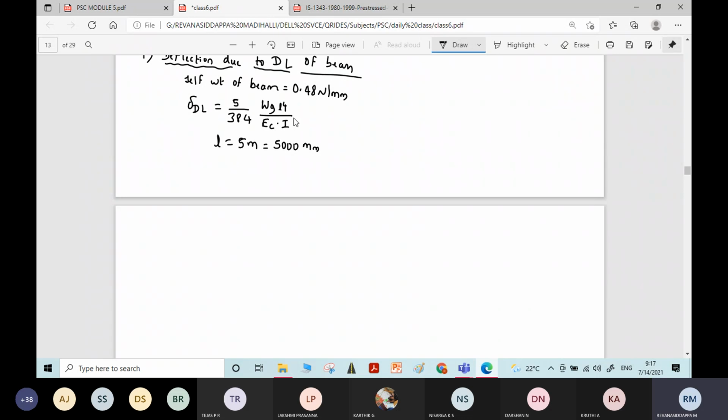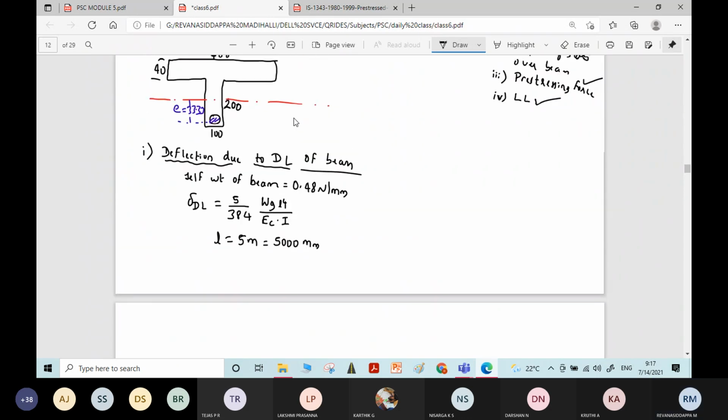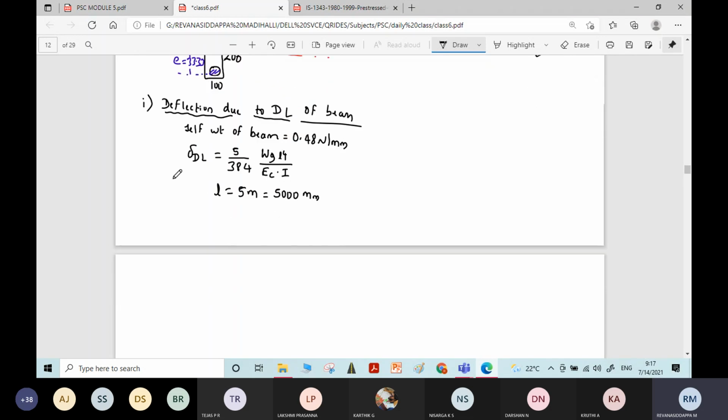Wg we have just now written, that is 0.48 Newton per mm. Then Young's modulus of concrete, how much is it given in the problem?